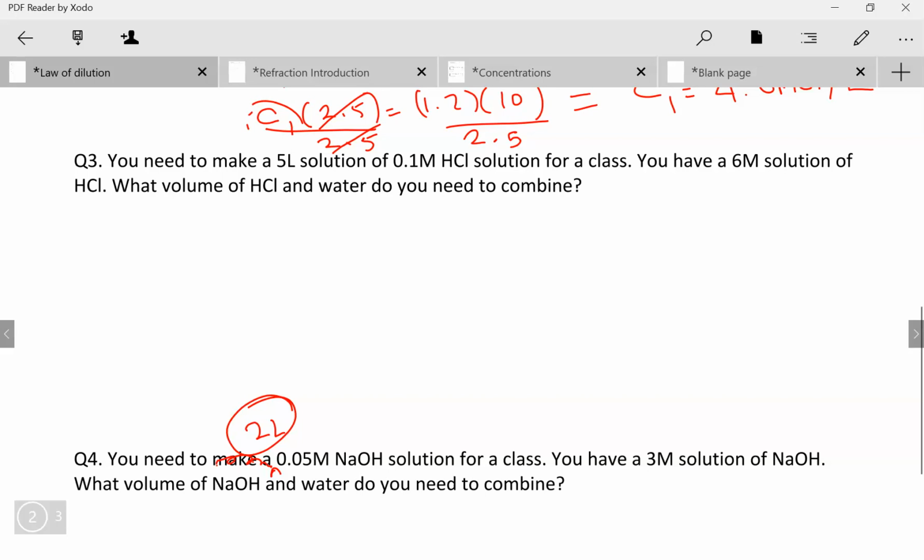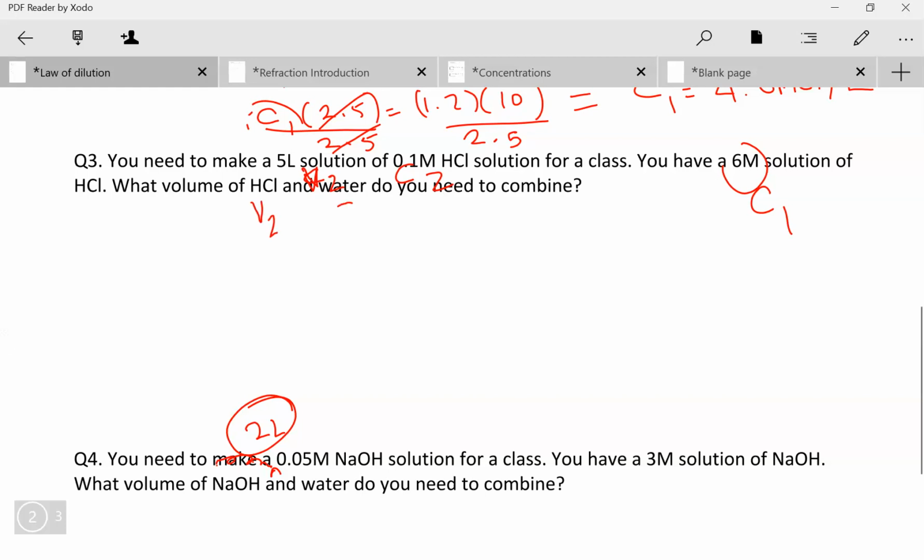So again, you need to make 5 liters of 0.1 molar HCl. So this is my V2, this is my C2. I have a 6 molar stock, so I have C1. I need to find my volume of HCl, so I need to find V1.